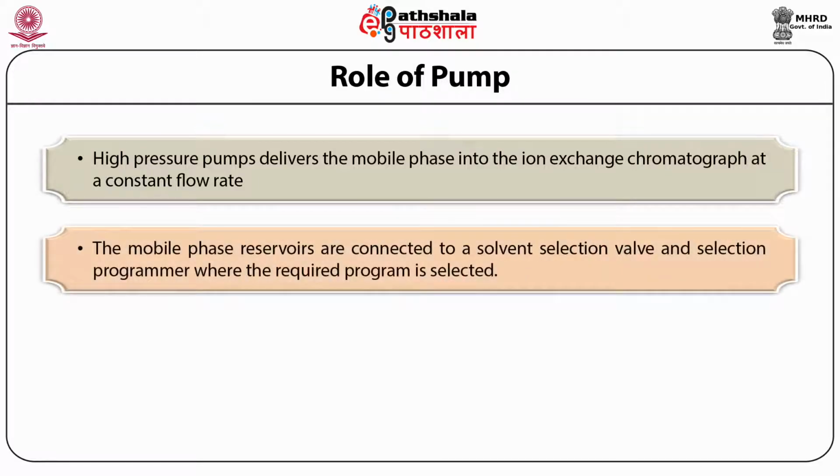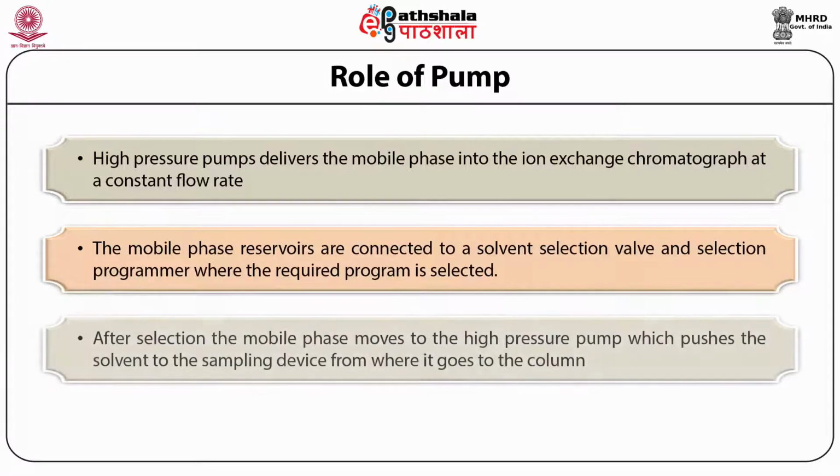The mobile phase reservoirs are connected to a solvent selection valve and a selection programmer. Now, during the chromatographic procedure, we select a program according to our need, by which the solvents from the mobile phase reservoirs are selected and pushed to the sampling device, from where it goes to the ion exchange column.